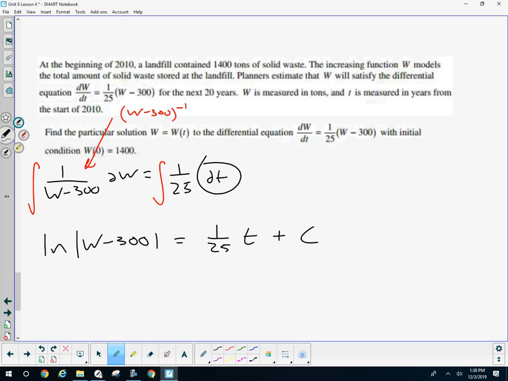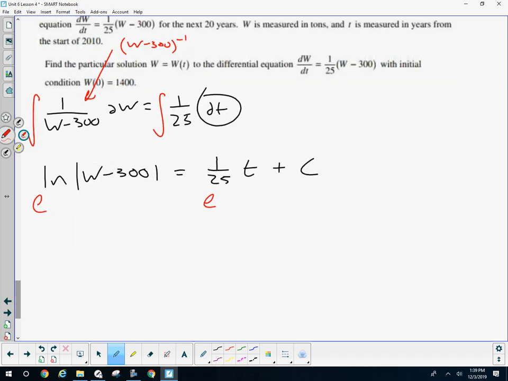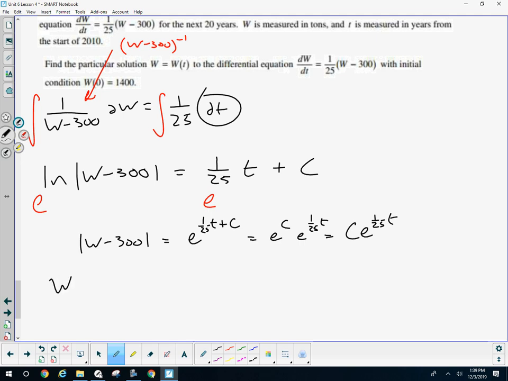We are now ready to solve for W and to find c. Just like all the others we've done, we'll take e to the power of both sides. We know that we can rewrite this as e to the c times e to the 1/25 t, which turns into c e to the 1/25 t. We can get rid of the absolute value by including a plus or minus, but we will want to remove that plus or minus when we use our initial condition.